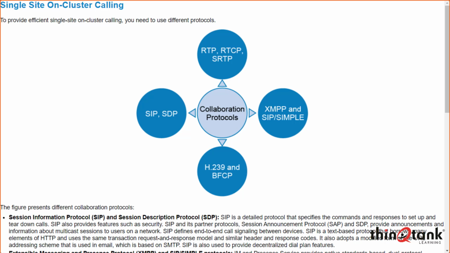H.239 is another kind of communication protocol. It's actually an ITU-T standard. It's part of the H.320 or H.32x family of protocols, even though it's 239. It builds on those particular protocols.